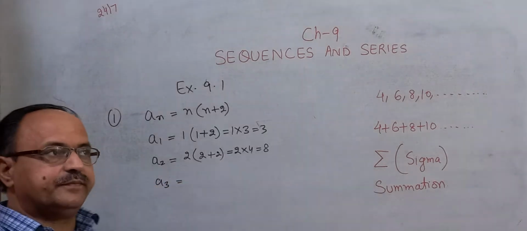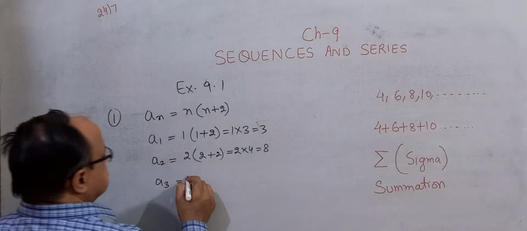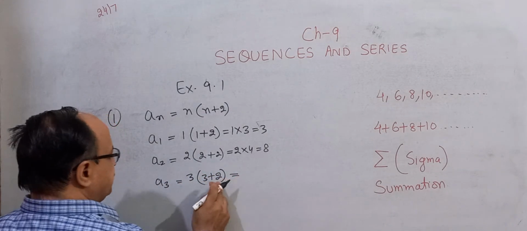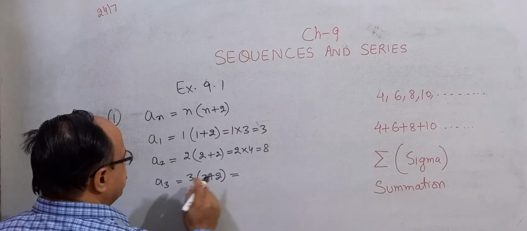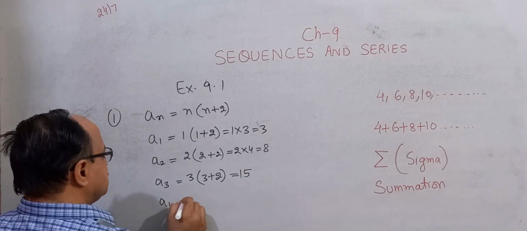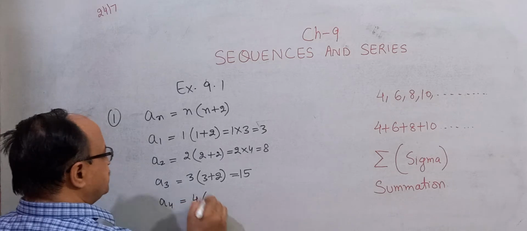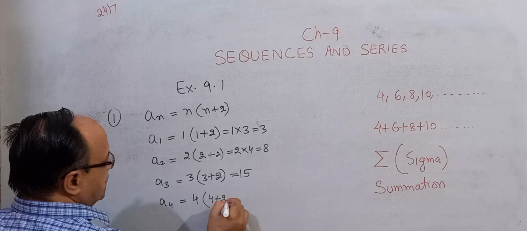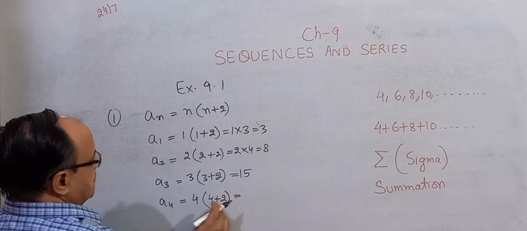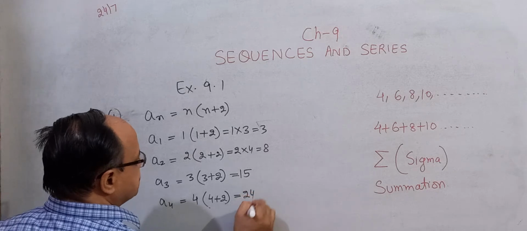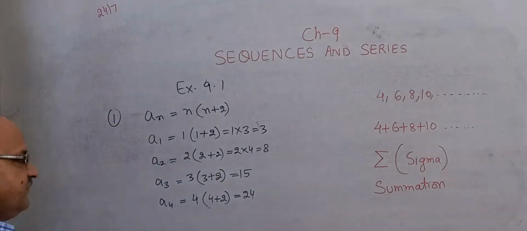Similarly, you can find a3. a3 means third term: 3 into 3 plus 2, 3 into 5, 15. Similarly, you can find the fourth term. Put n is equal to 4 here: 4 into 4 plus 2, 4 into 6, 24.